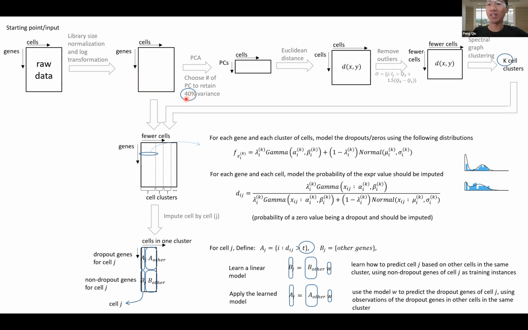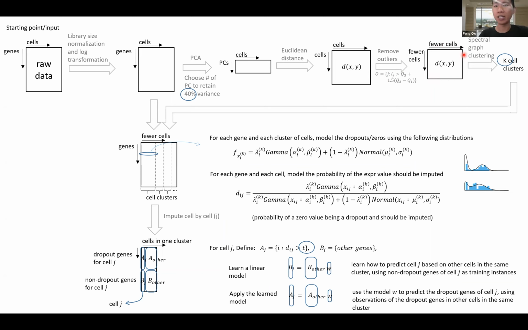They also did PCA, but they only wanted to keep a certain number of PCs to retain 40% of the variance. When they get the data into PC space, they also compute the pairwise distances, and then they remove some outliers so that they are considering fewer cells. And once they have this pairwise distance matrix, this paper did not do that affinity thing.